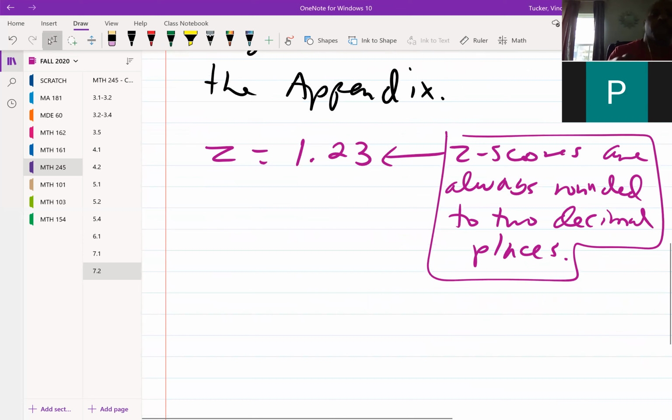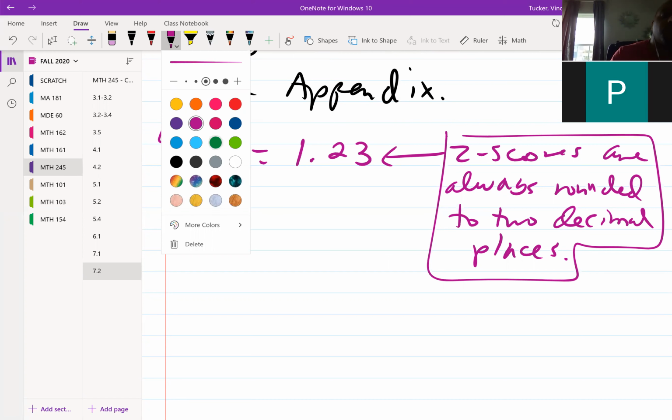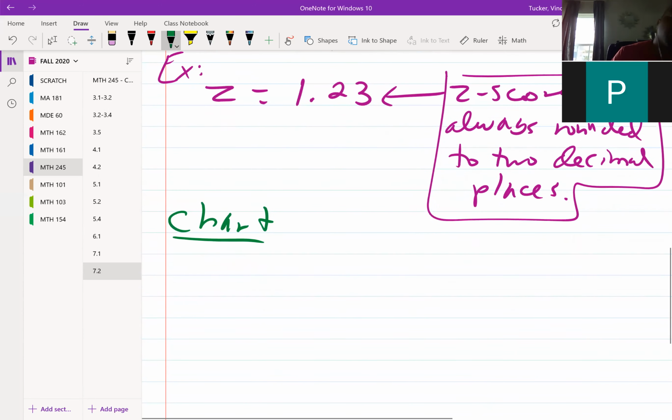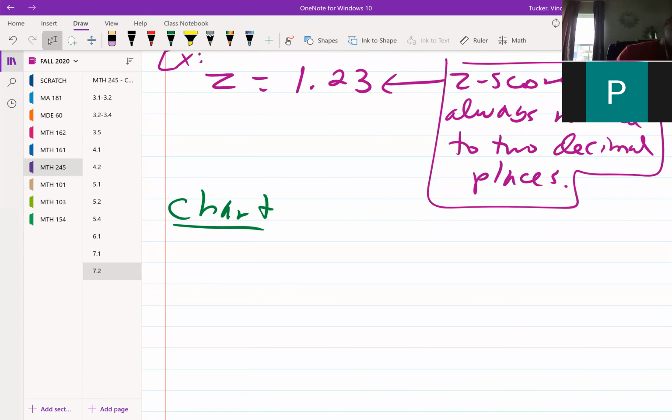So let's say if we have your z-score of 1.23, the chart that's in the appendix, and I'm going to pull it up before class is out and show you what it looks like. Starts off like this.